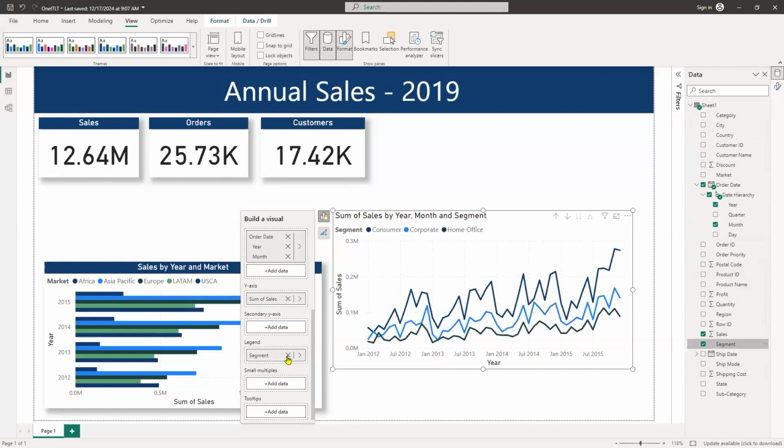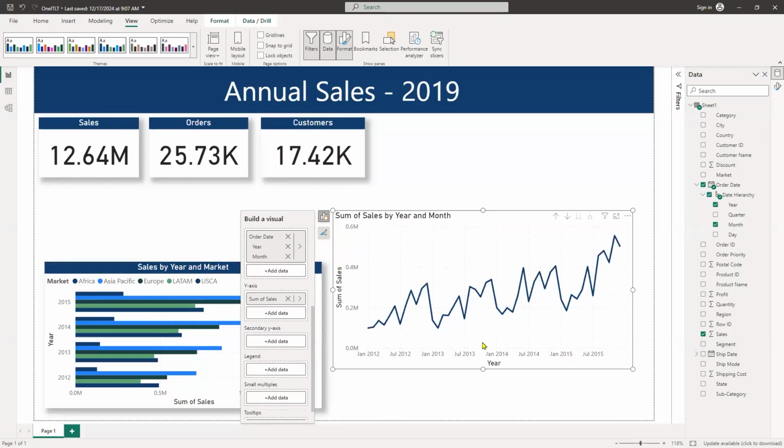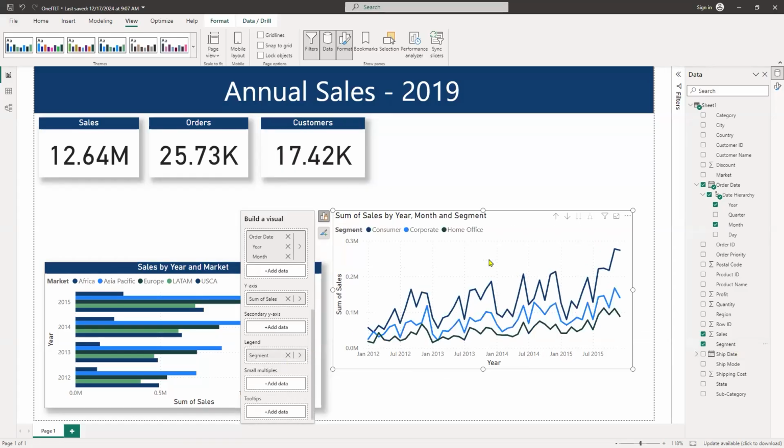Let me add segment here. So this is segment wise sales, guys, whereas before this was the aggregated entire sales. But if you want to see how sales are moving by segment, there's a column called segment which will tell us whether the segment is a consumer segment, corporate segment, or a home office segment. It's an interesting metric, right? So we are seeing that all the segments are increasing.